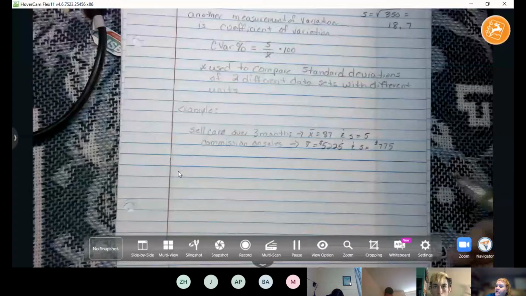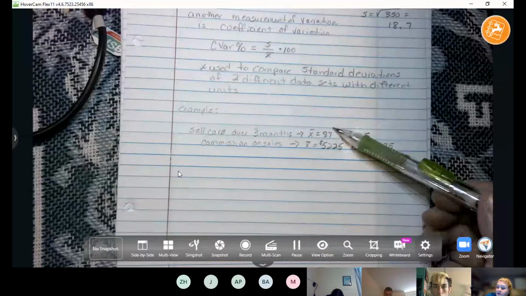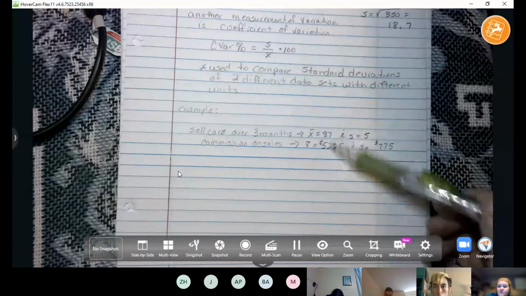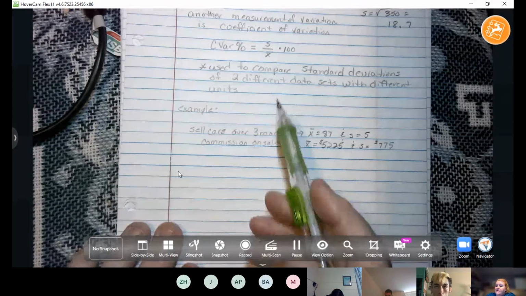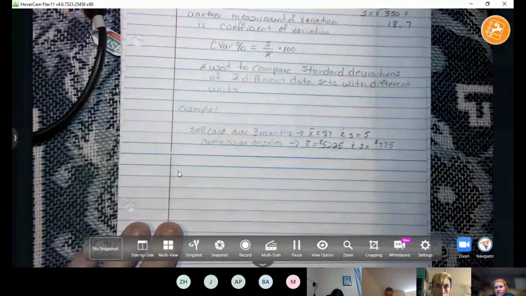Now, is there any way to compare the mean of those two values or the standard deviation of those two data sets? No. One's numbers, one's in money. So there's not going to make sense of the two together. So we're going to find the coefficient of variation for each of them.